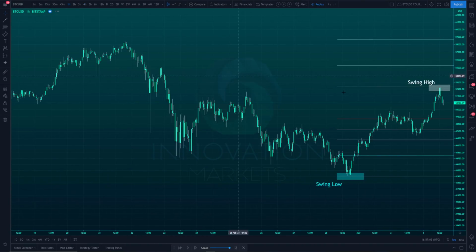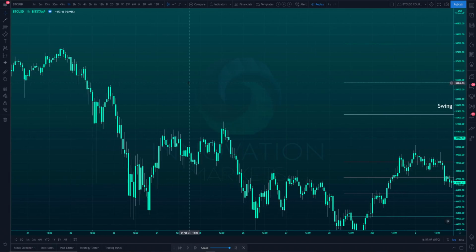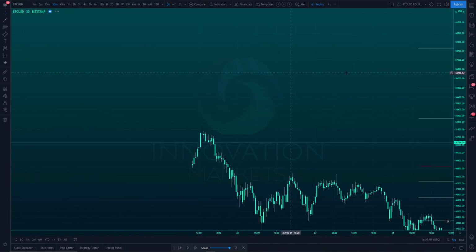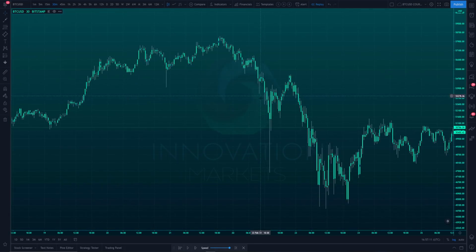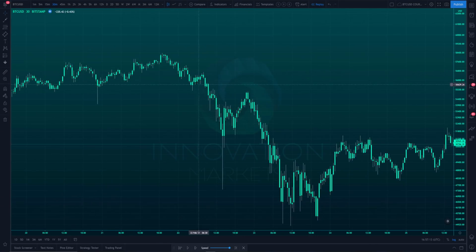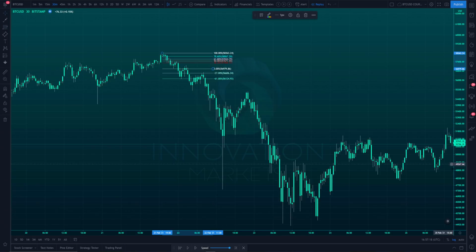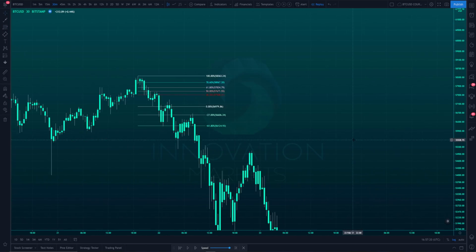So if we were to go from here to here as an example on a more 1 hour or even an intraday perspective, if we were to have a little look at this, we can see here, and we're going to break this down now bit by bit.